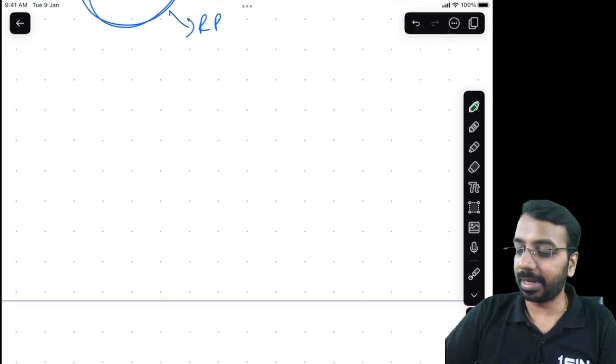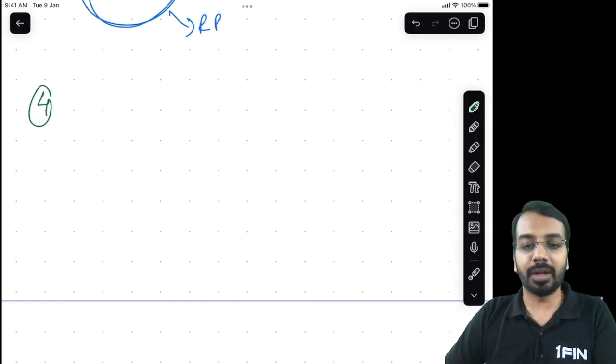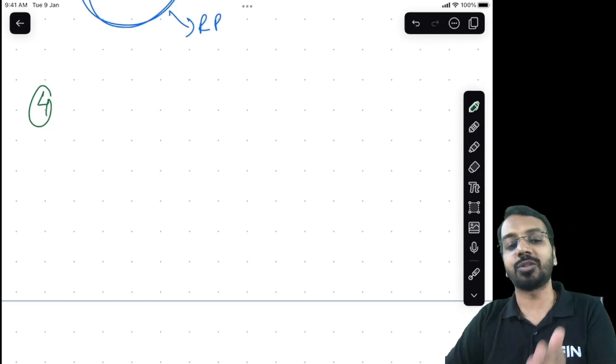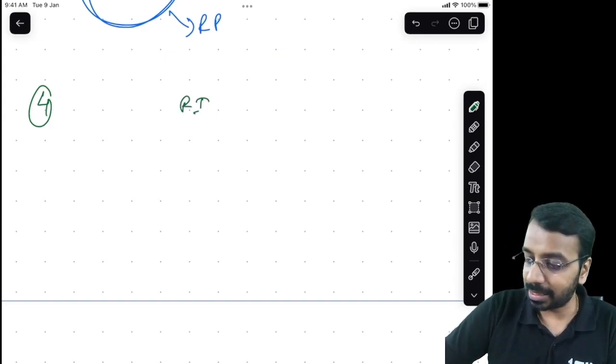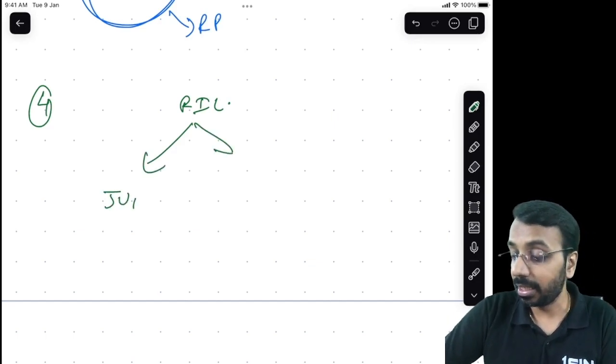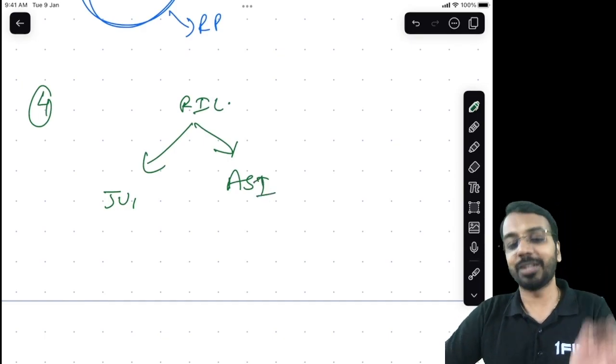Now, in the fourth category, what we have is that there is one entity which is a joint venture and other entity is an associate of the entity. Now, what does this mean? Let us say again here, Reliance Industries Limited. They have one JV under this category, JV1. They have another associate, AS1. Okay, so not accounting standard 1, associate 1.